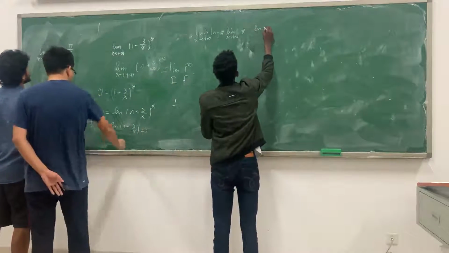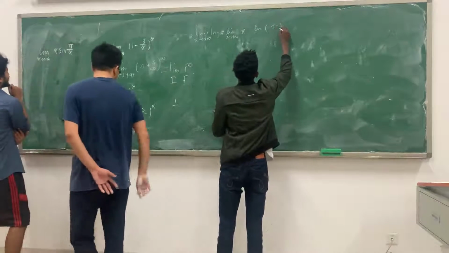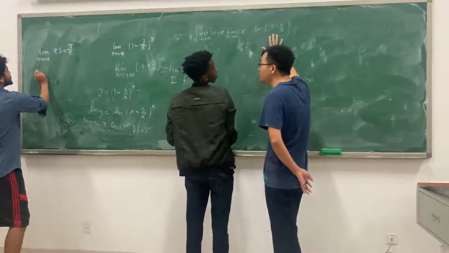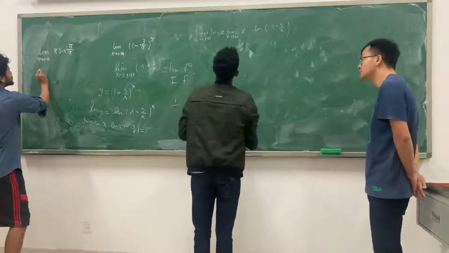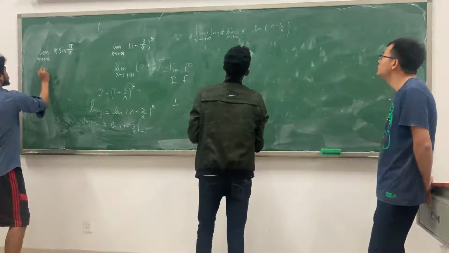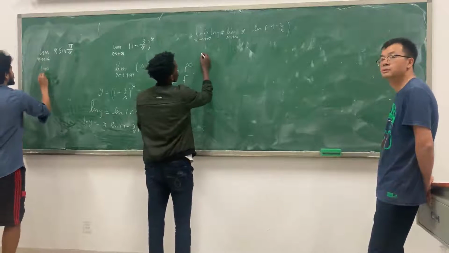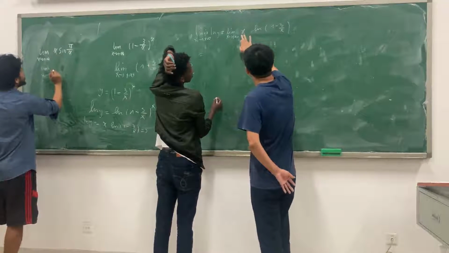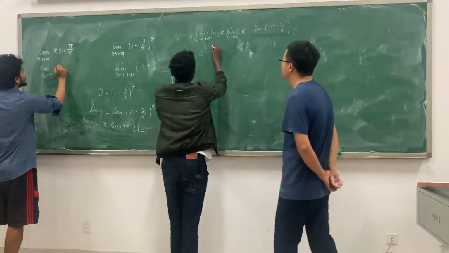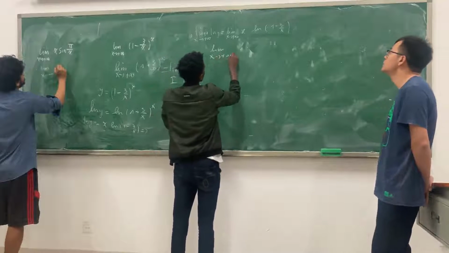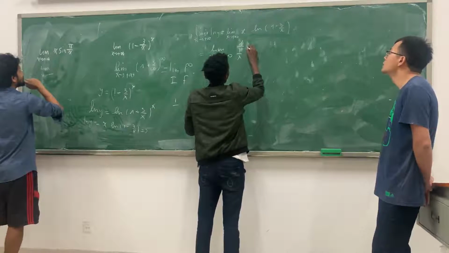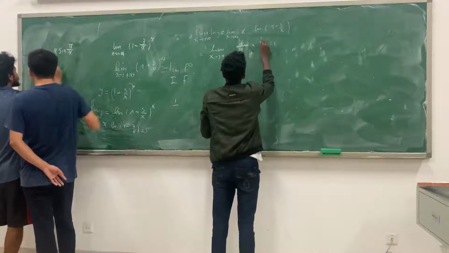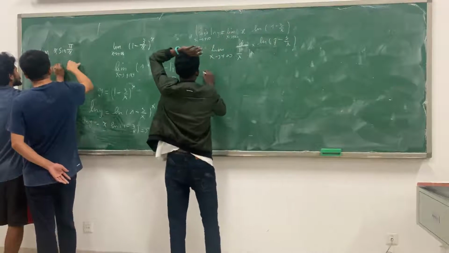Here you can see infinity times 0, so it is 0 times infinity.